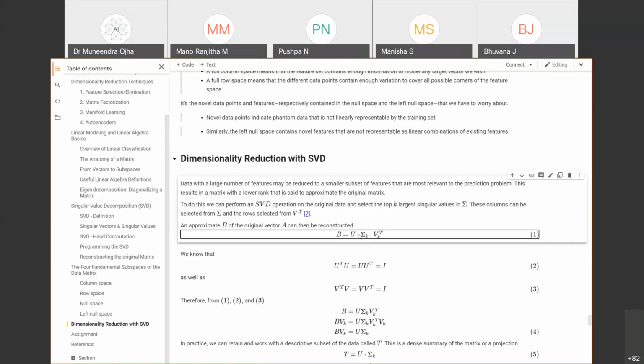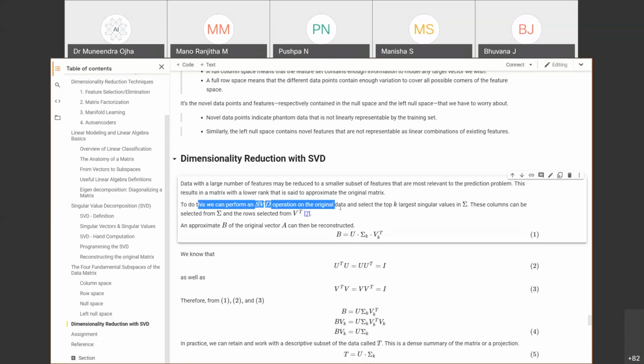So it totally depends upon you how much approximation you want to do. You can remove some of the singular values and their corresponding columns from sigma. We perform the SVD operation on the original data and select the top k. So the top k largest singular values in sigma are selected and the remaining columns are removed.